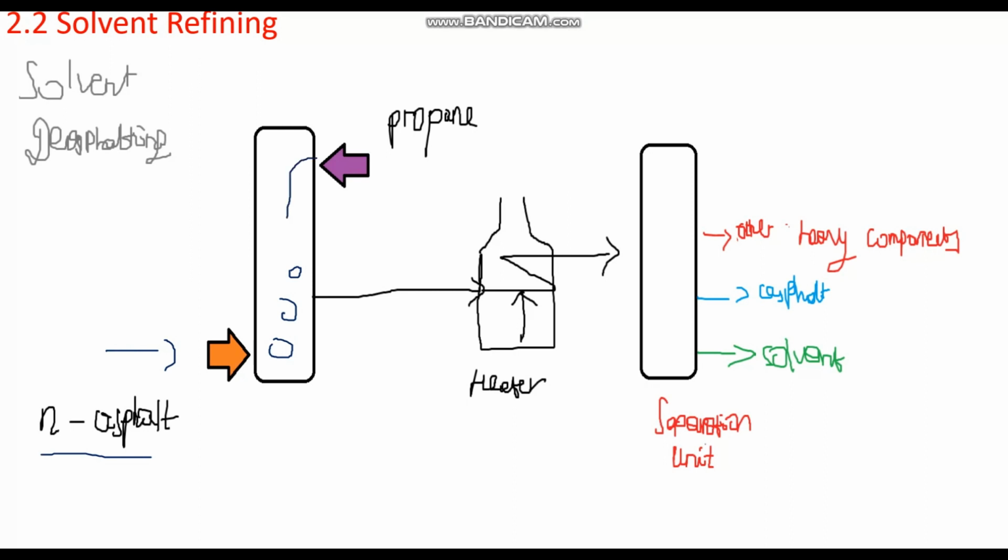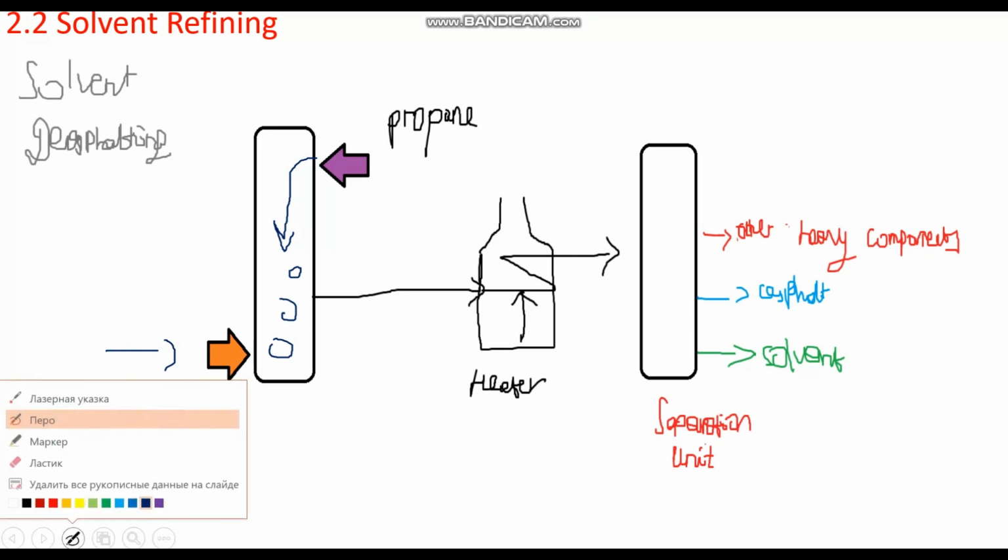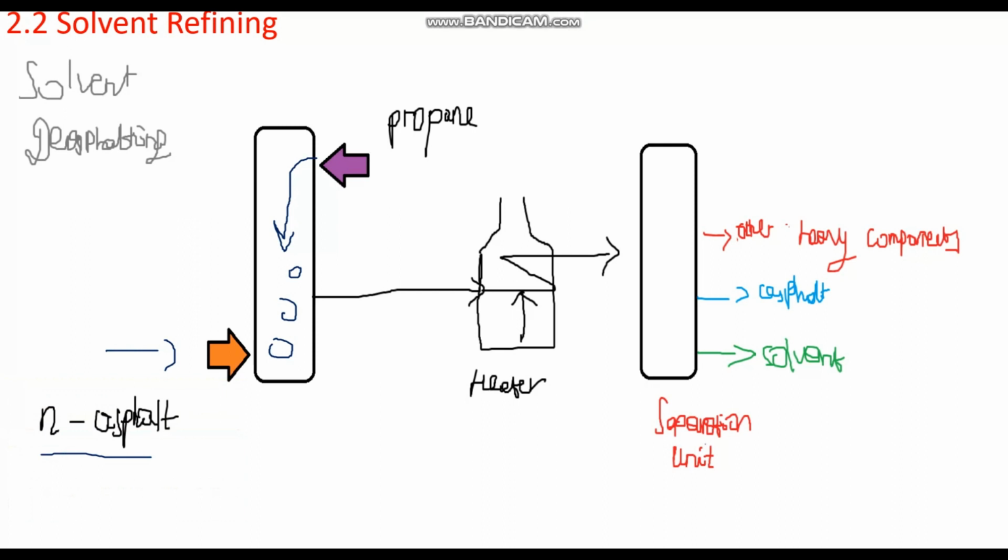The solvent is chosen for its ability to dissolve the lighter components in the feedstock, leaving behind the asphalt. After mixing, the two of them go to the heater.